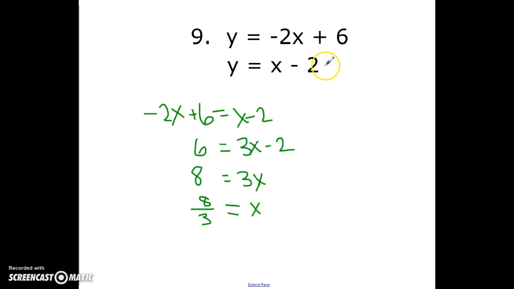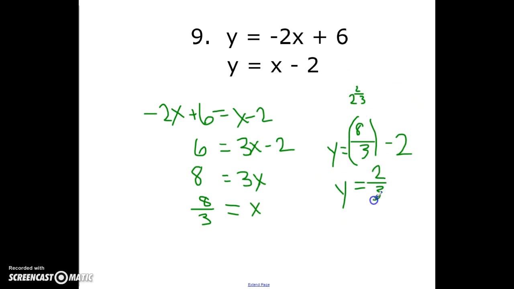And then I'm going to replace into the bottom equation. 8/3 minus 2. So 8/3 is really like 2 2/3. So 2 2/3 minus 2, y would just be 2/3.